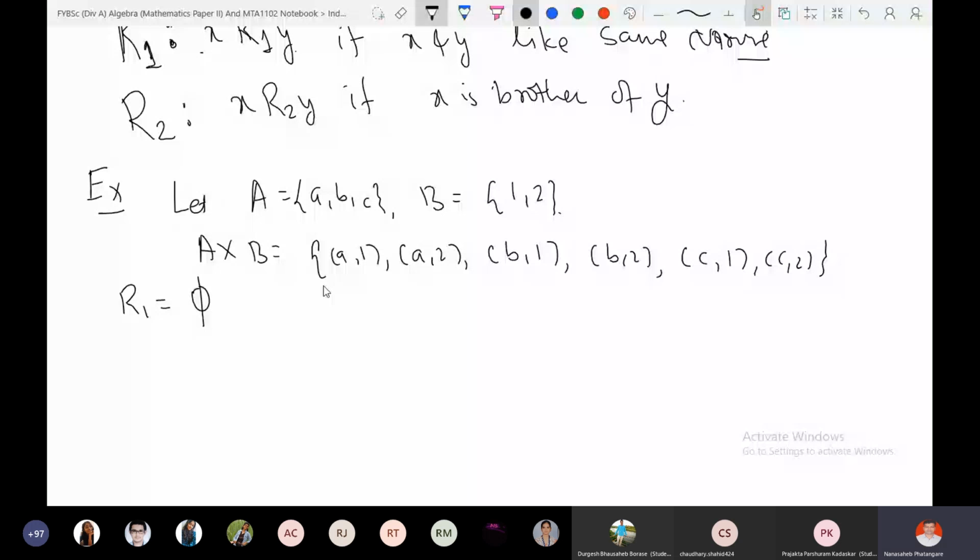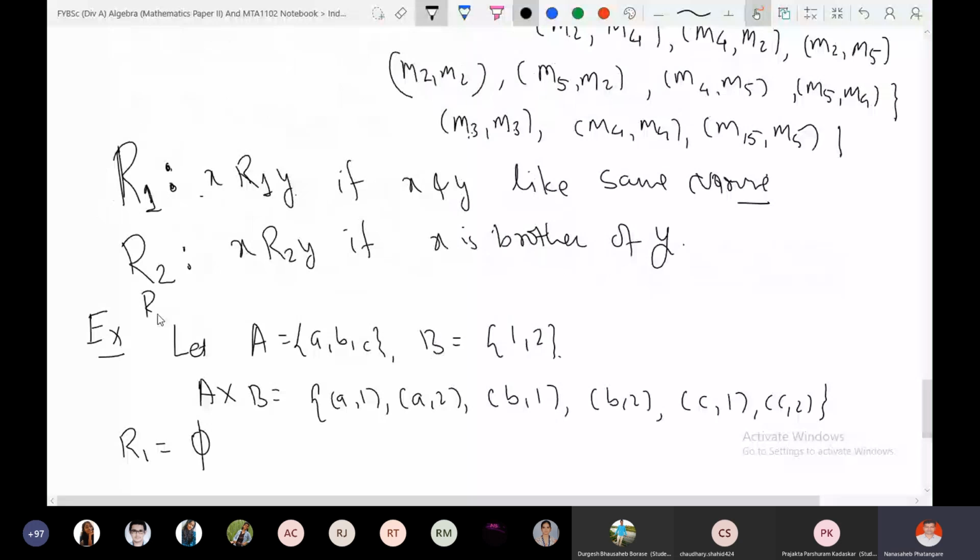Right. Okay. Let me give one more relation on family members. R3: X is related to Y if X and Y are from different cities. What is my set X in my previous example?